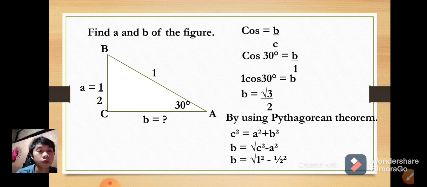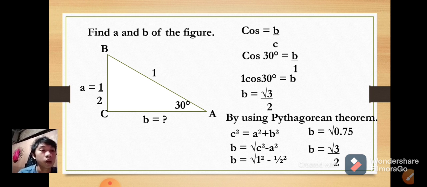B is equal to square root of, the value of C is 1, so we have 1 squared minus the value of A is 1/2, so we have 1/2 squared. 1 squared minus 1/2 squared is 0.75, so we have square root of 0.75. Square root of 0.75 is equal to square root of 3 over 2.